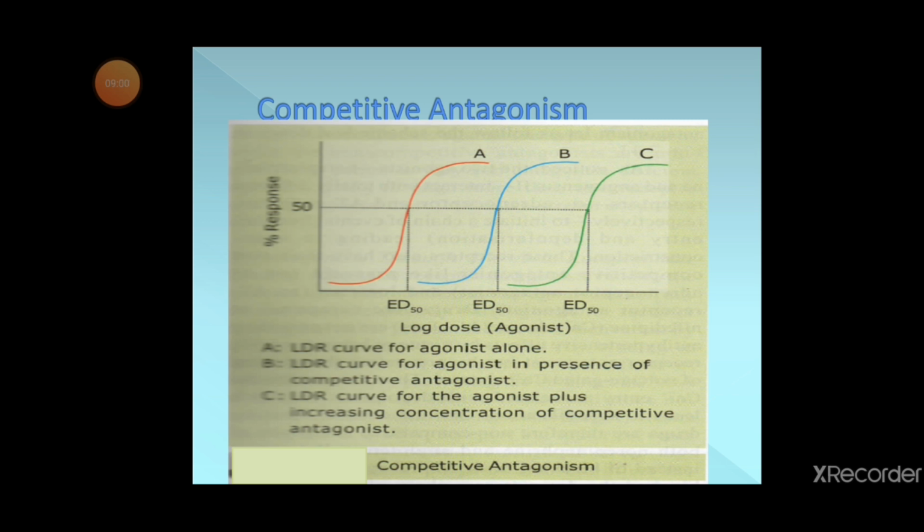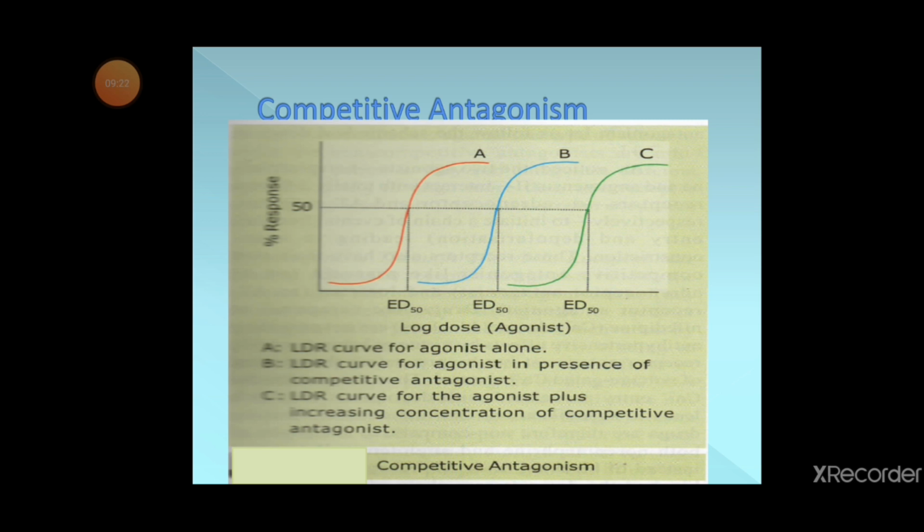No antagonists are given in this condition. B is the log dose response curve for agonist in presence of competitive antagonist, while C is log dose response curve for agonist plus increasing concentration of competitive antagonist.